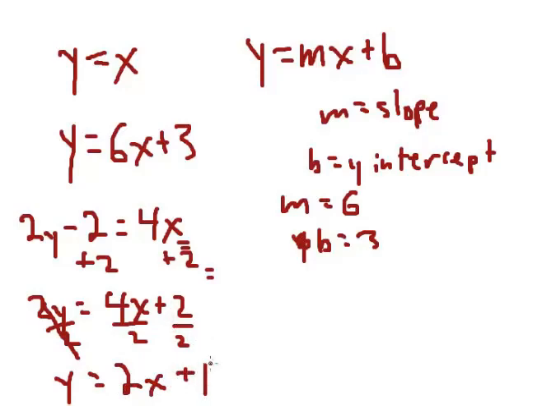Now we've got our equation. This equation, of course, is in y equals mx plus b form, which means right away, even before you graph it, we know that the m, which is the slope, and we'll discuss what the slope is in a few minutes, is 2, and the b, in other words, the y-intercept, is 1.